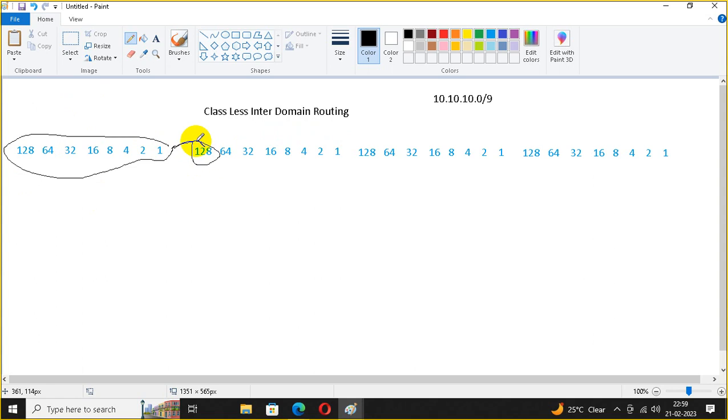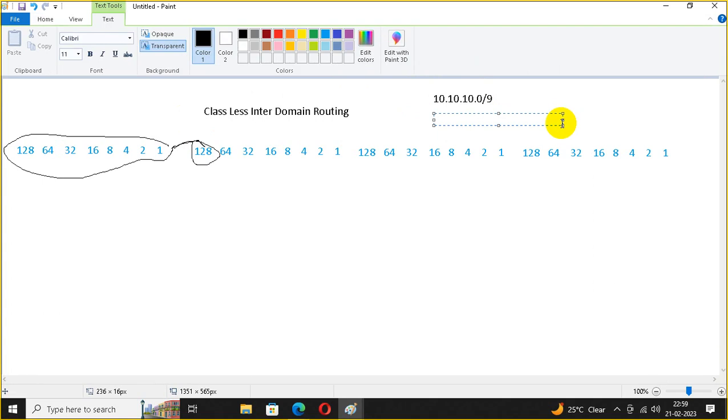Let's say if the value is 10, then what will be the subnet? 255.128.0.0? No. How many 8s will come in 10? One 8, and then the value: again 128, 64.